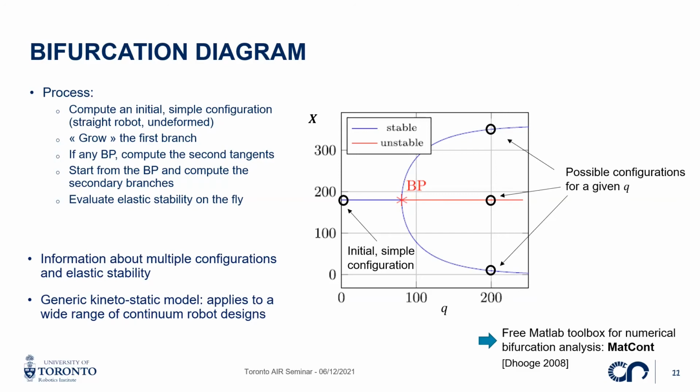We did not contribute by providing a new algorithm, for example, but more by using what is already there. And by the way, these tools are often used in structural mechanics to study buckling. So we translated them to continuum robotics.